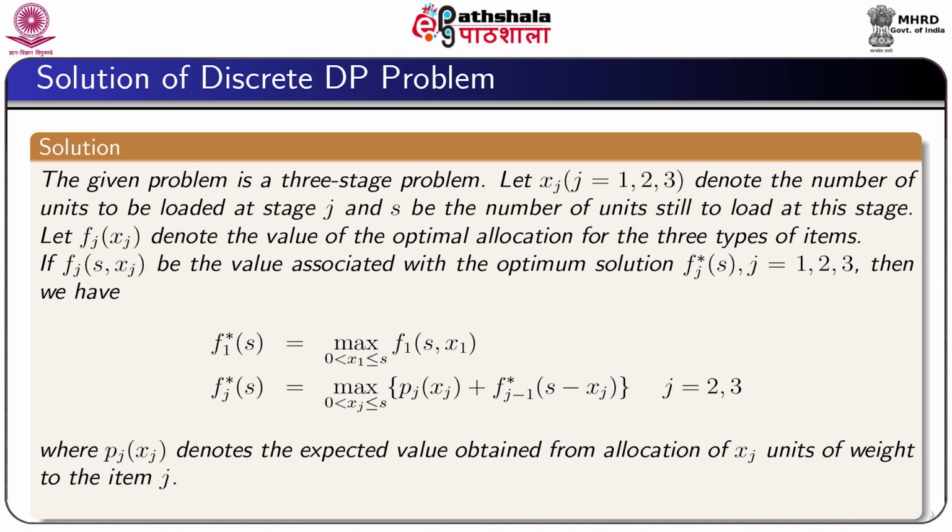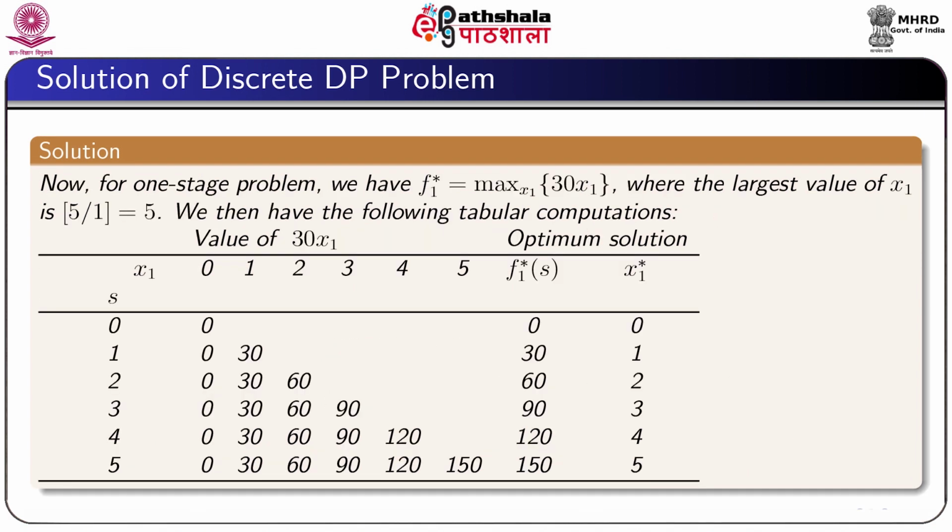Here pj(xj) denotes the expected value obtained from allocation of xj units of weight to the item j. Now, for the one stage problem, we have f1 star equal to the maximum of 30 x1, where the largest value of x1 is 5.